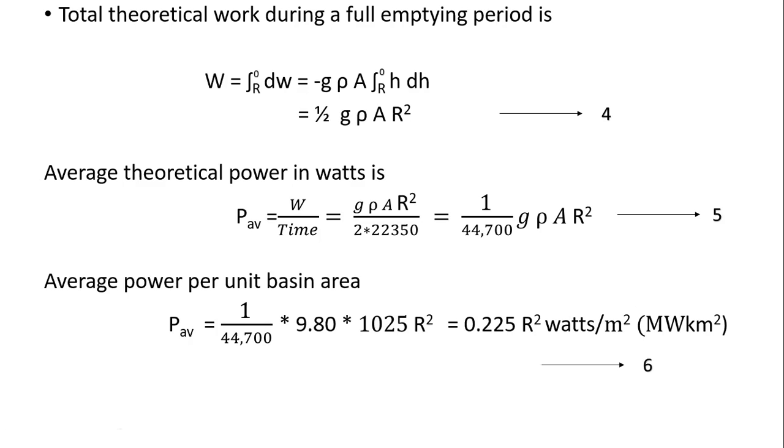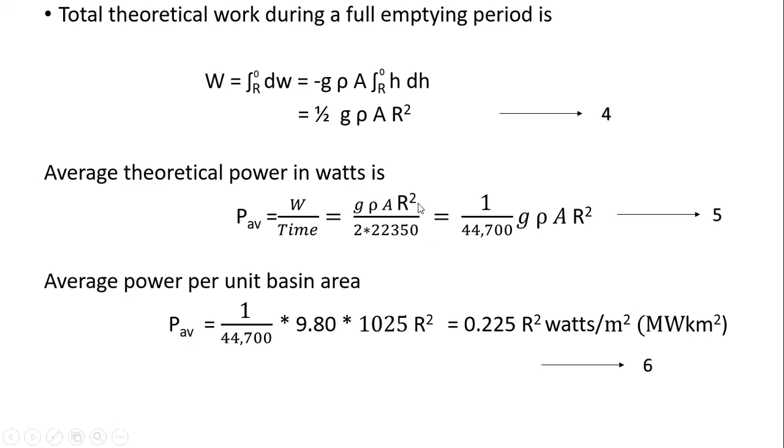So the power is work done by time, W by 2 into this time. We have two cycles here, so 2 into 22,350. Sorry, here we are taking only one cycle, not two cycles. After that we will calculate the overall power for two cycles, that means in a day.